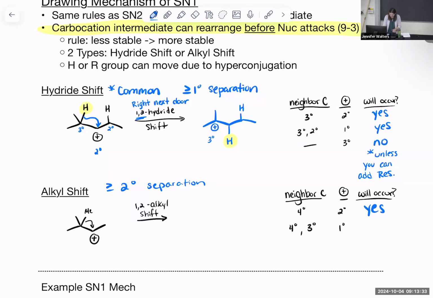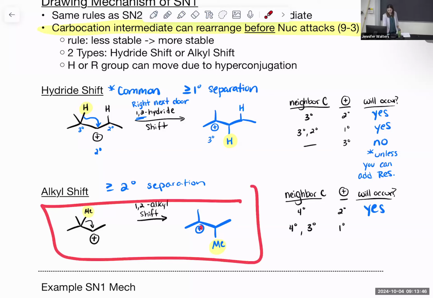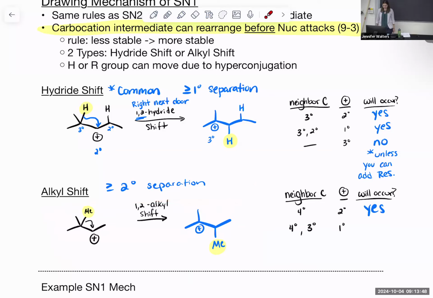When we look at that alkyl shift, that methyl is now on the neighboring carbon, and we can see this change in our electrophilic atom. It's important to note that when you're looking at a product, you can't always immediately know if it was SN1 or SN2, but you can immediately know if it had to be SN1.